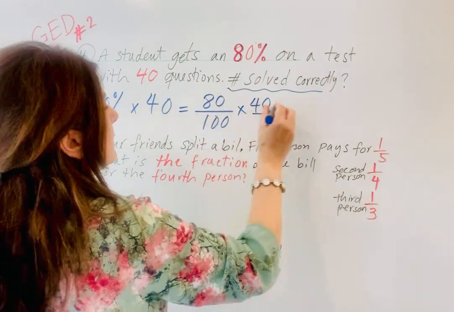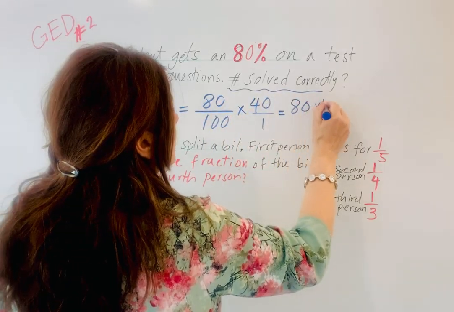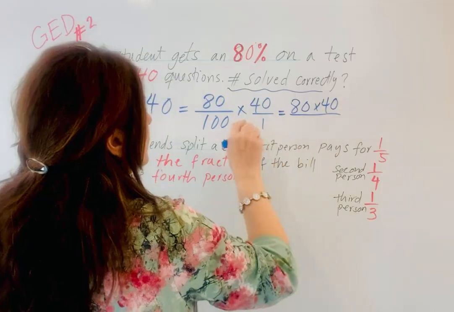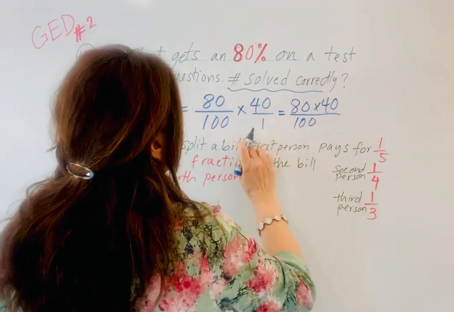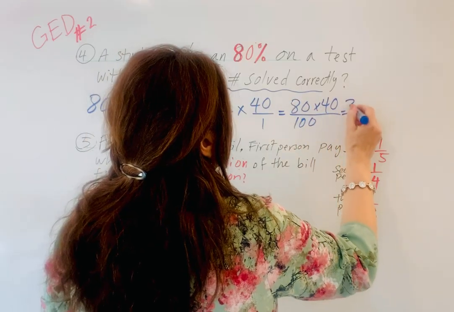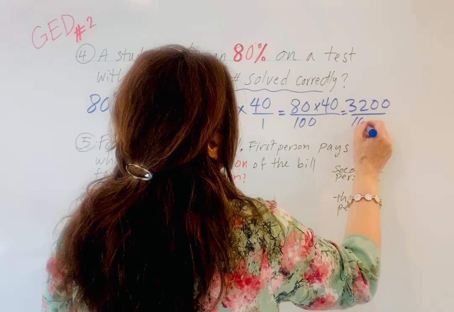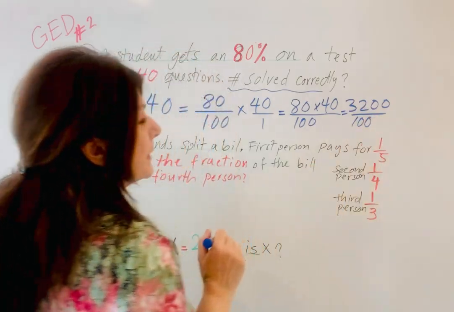Top multiplied by top, bottom multiplied by bottom. 4 times 8 is 32.